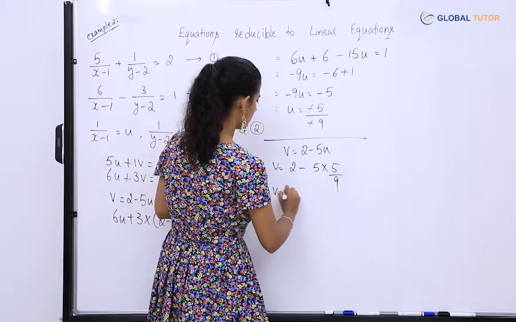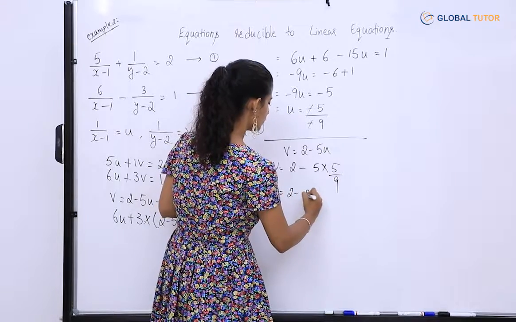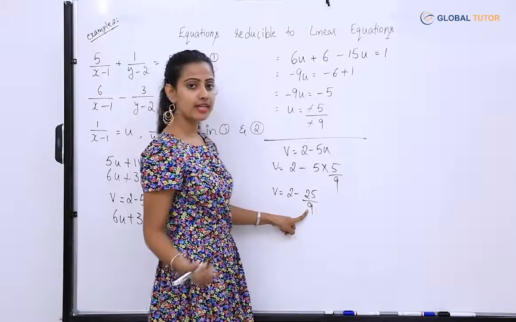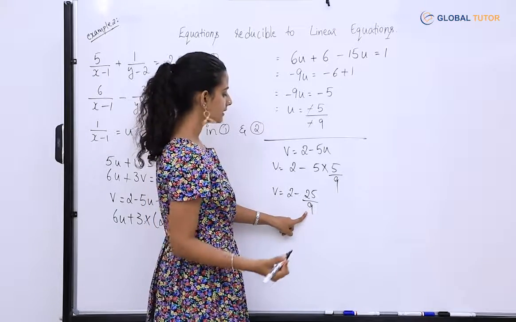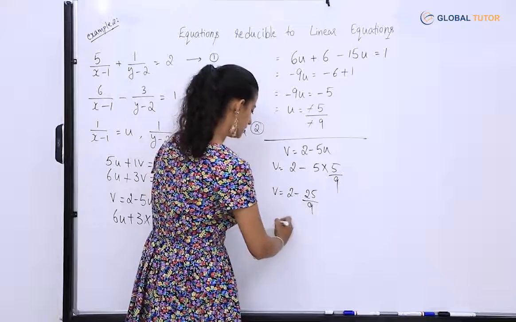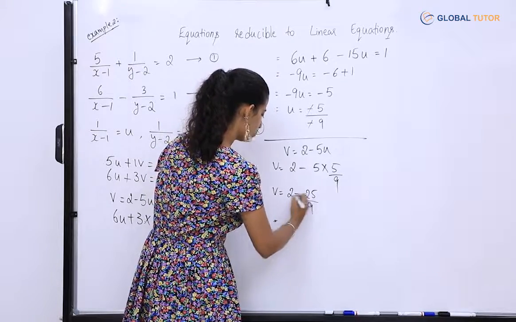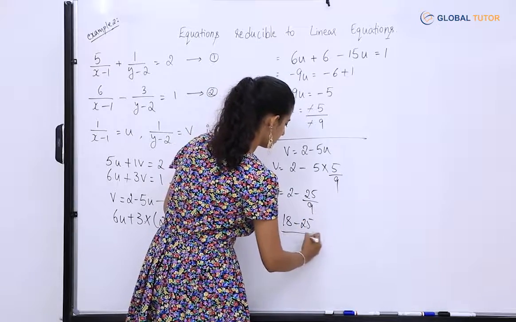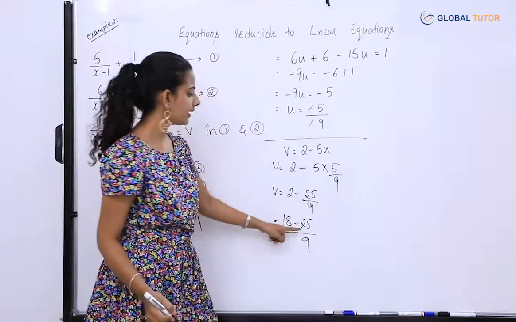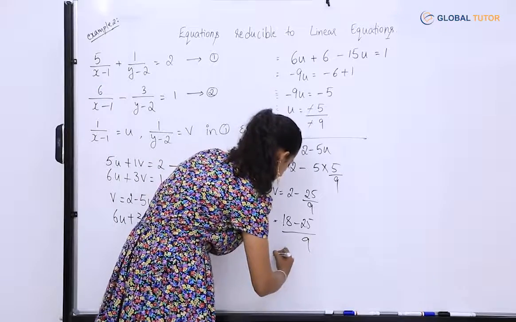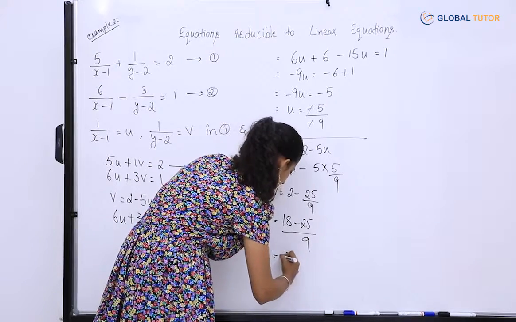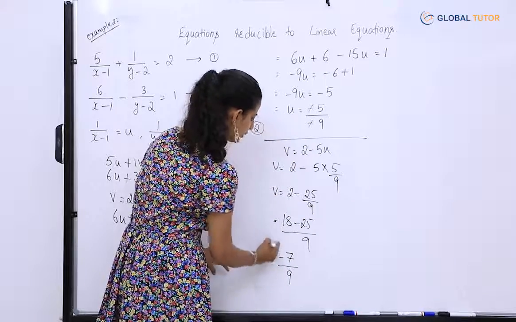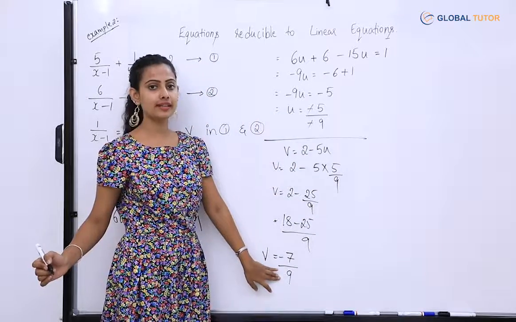So v is equal to 2 minus 25 divided by 9. Here we are going to take the LCM. So the LCM is 9. So 2 into 9 is 18 minus 25, divided by 9. Now 18 minus 25 is minus 7, so minus 7 divided by 9. So we got the value of v, which is minus 7 divided by 9.